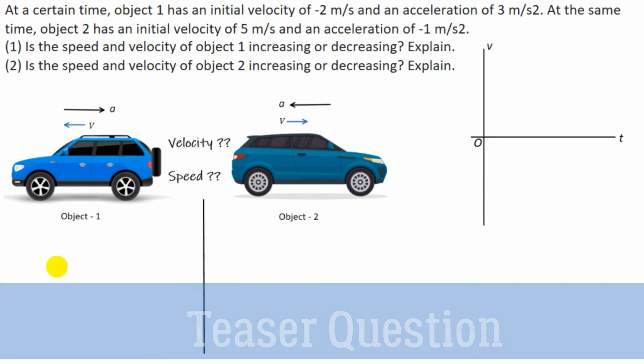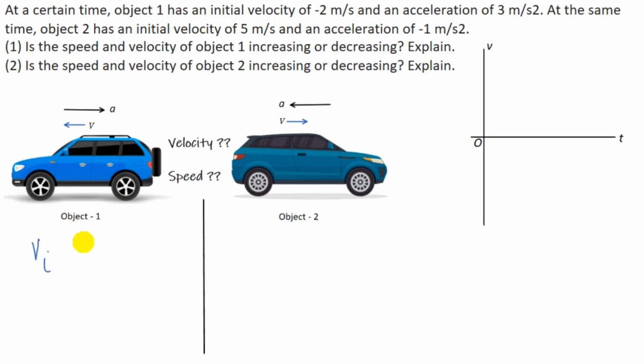Now the initial velocity for object 1 is -2 meter per second, and acceleration we are given to be 3 meter per second squared. In the first case they are asking whether the speed and velocity of object 1 are increasing or decreasing.